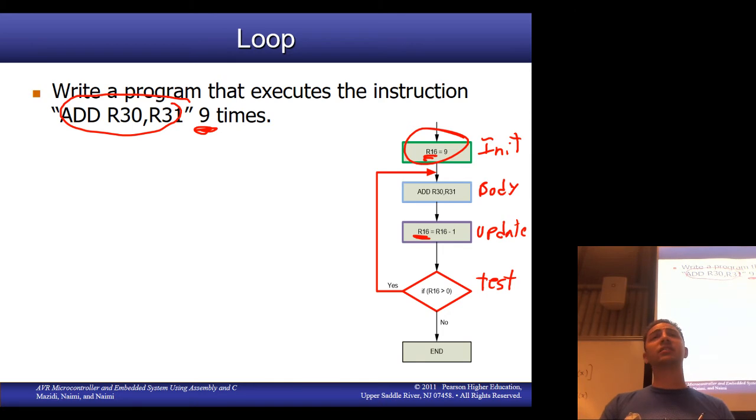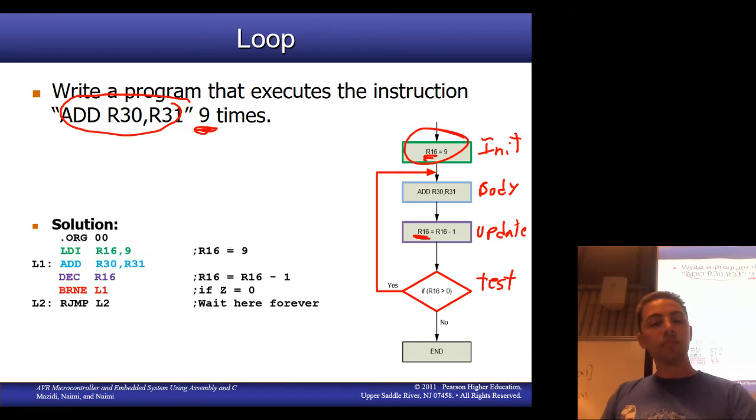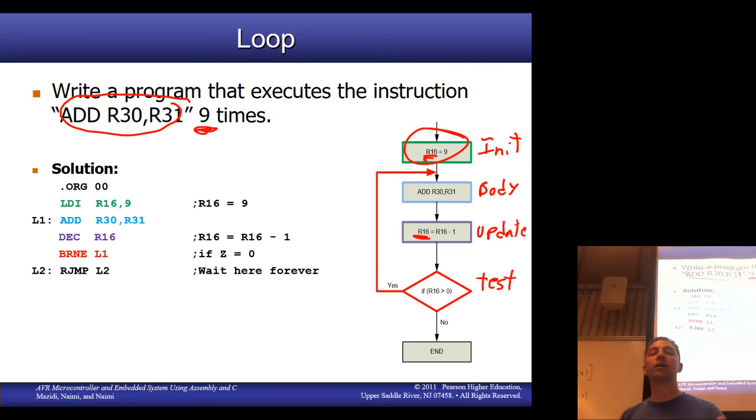Sometimes the initializer is going to be empty. Sometimes the update might be empty, or it might be a side effect of the body. Okay? So here's my solution to writing a program that executes an instruction 9 times. We load 9 into some variable.